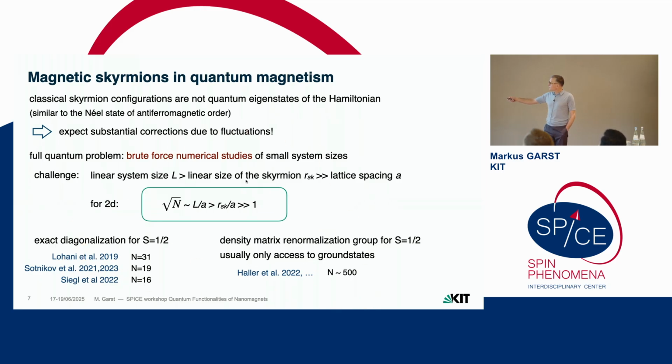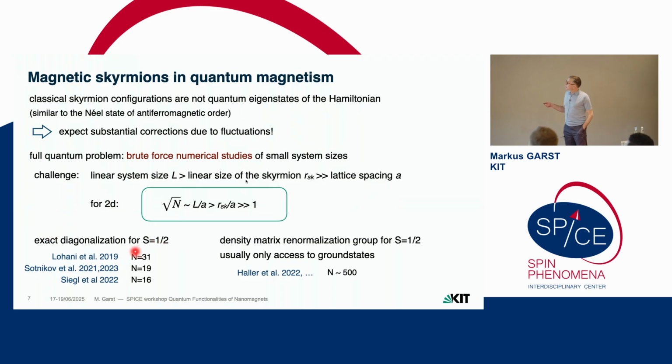So various groups have attacked this problem, and here I'm giving a very short overview. If you want to learn more and have more details, I would refer to our review article where we explain this in more detail and give the proper references.